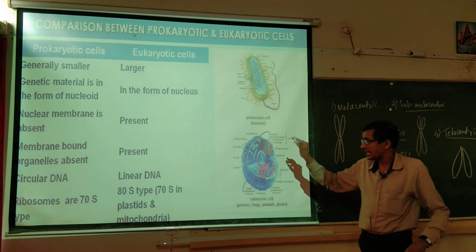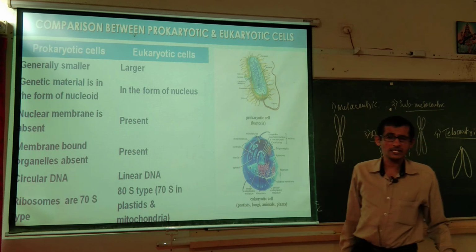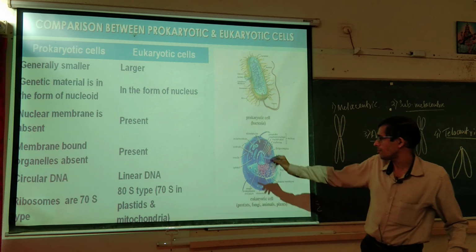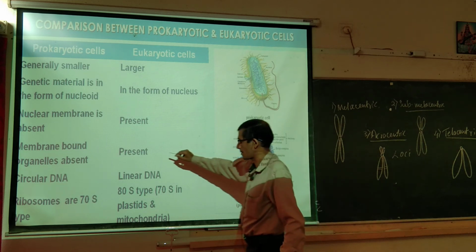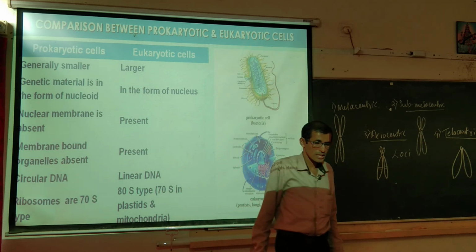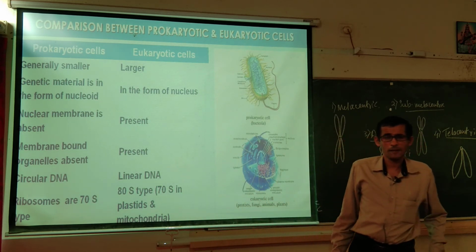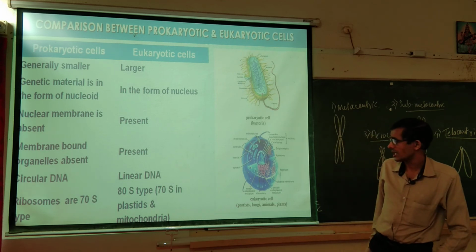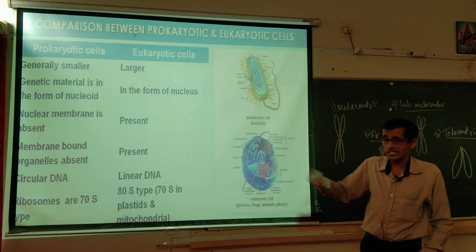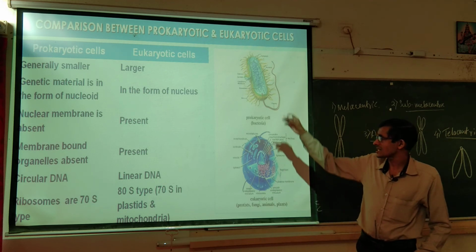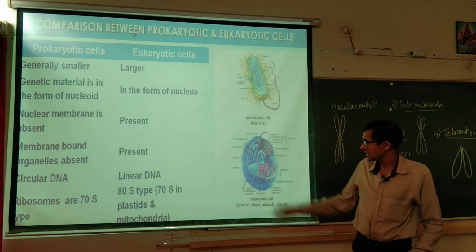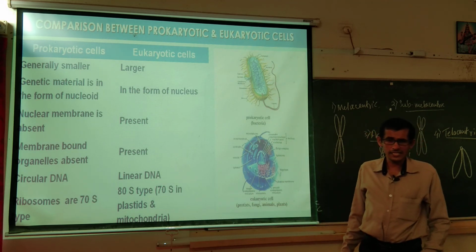Then membrane bound organelles are absent in the prokaryotic cell. In the eukaryotic cell, membrane bound organelles are present, like Golgi bodies, endoplasmic reticulum, plastids, chloroplast, mitochondria etc. Then circular DNA is present in the prokaryotic cell. In the eukaryotic cell, linear DNA is present.